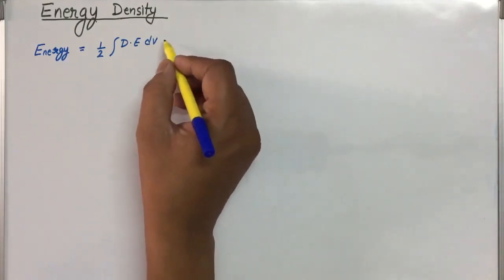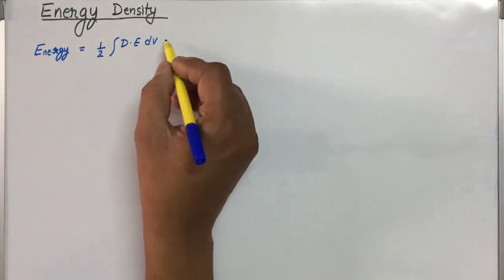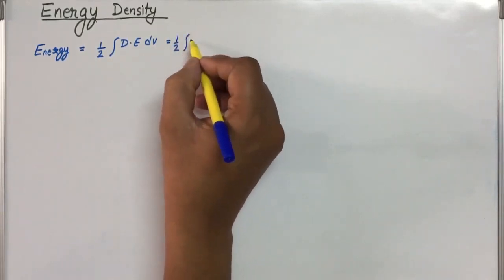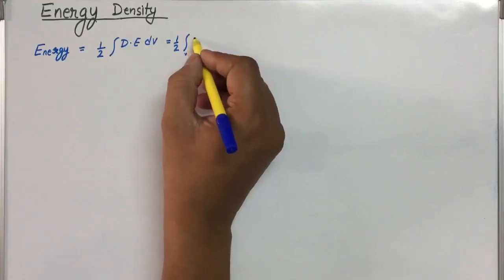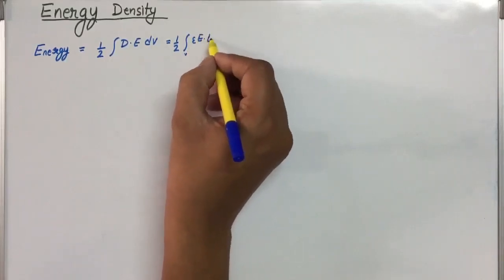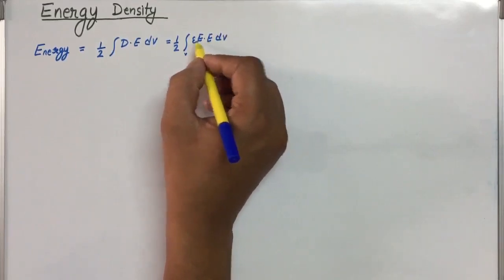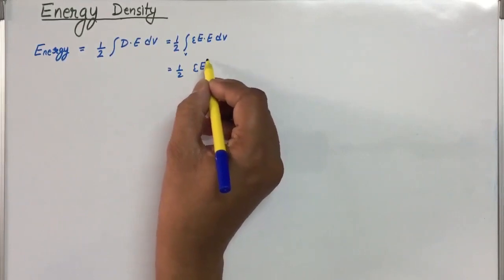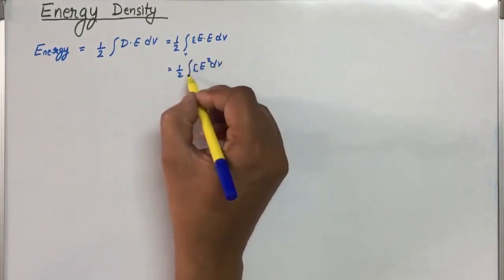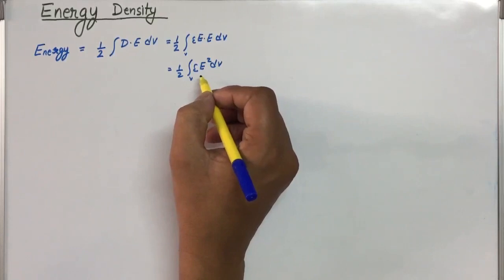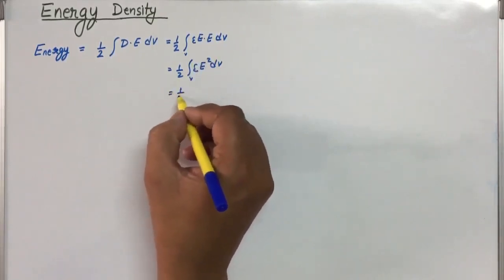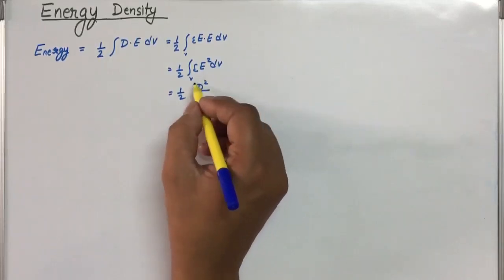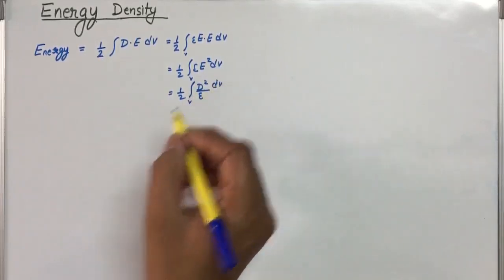If we simplify this, it is half the volume integral of epsilon E dot E dV, and from here we can write half epsilon E square dV, volume integral, or we can say half D square by epsilon, volume integral dV.